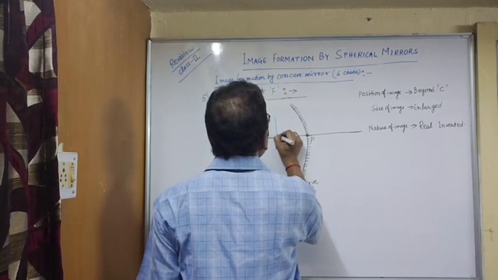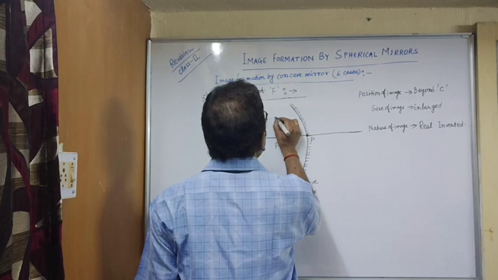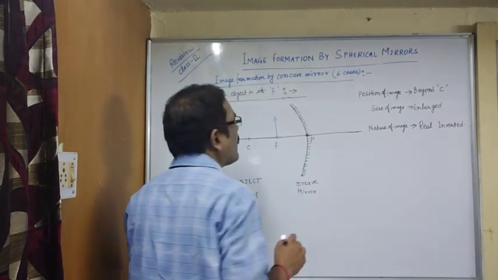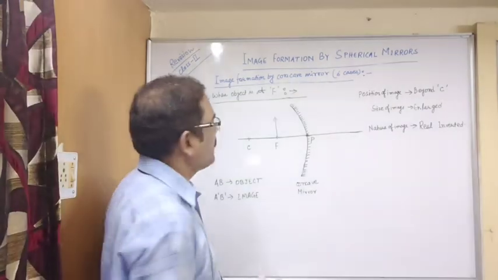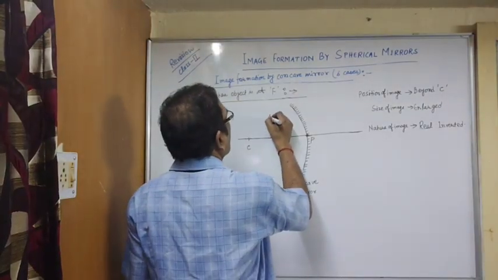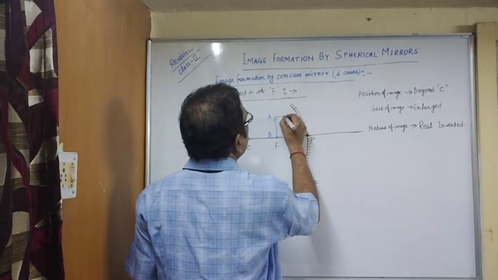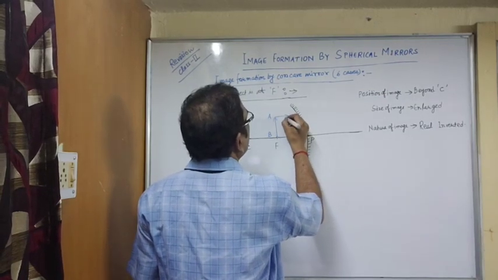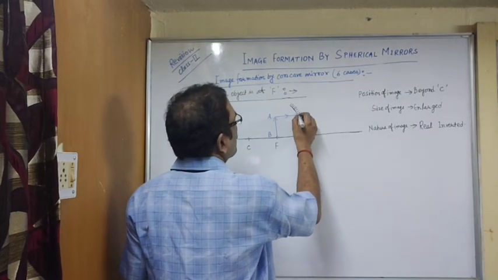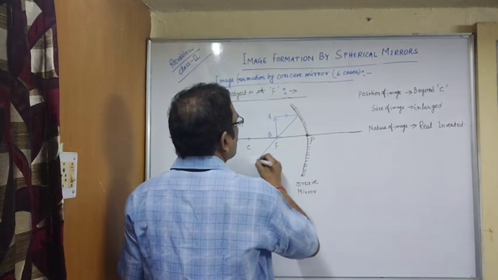So place an object at F. Again we will take a ray of light parallel to principal axis. So after reflection the ray will pass through focus.